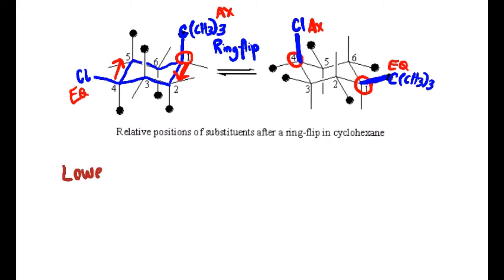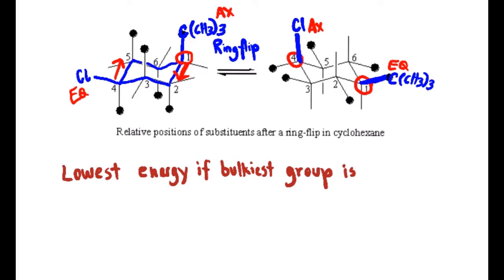So our lowest energy is going to occur if the bulkiest group is equatorial, because the equatorial positions are going to allow the atoms to be spaced out more in space relative to being axial.